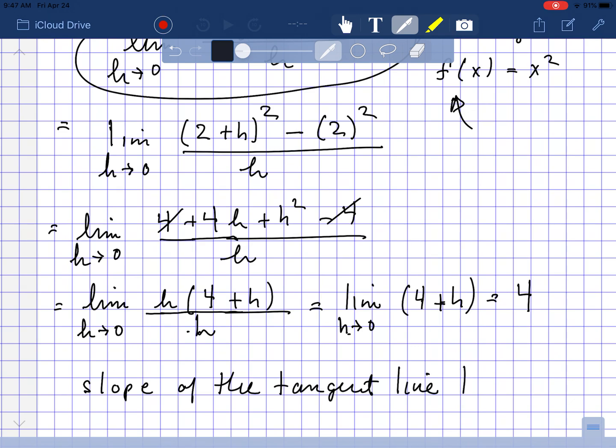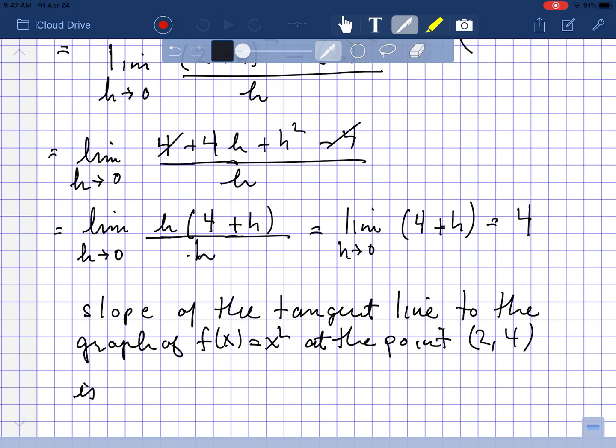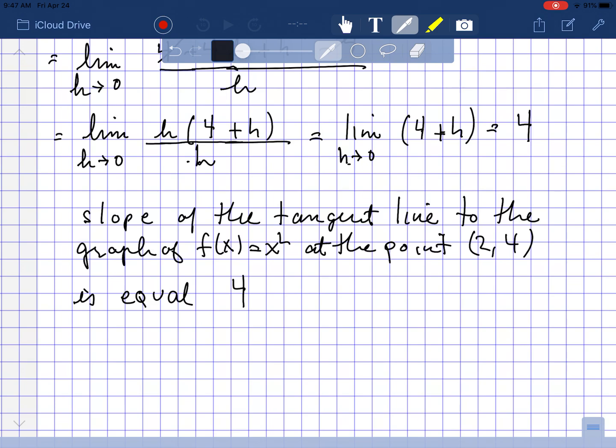So the slope of the tangent line to the graph of f of x equals x squared at the point (2, 4) is equal to 4.